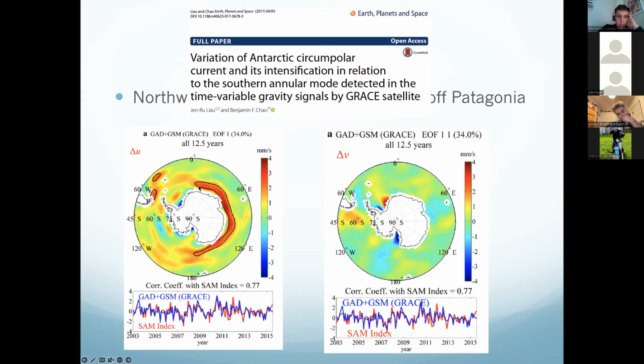And what that produces is a much stronger and more poleward Antarctic circumpolar current in eastern Antarctica, which breaks down over the Pacific Ocean into a gyre circulation, where you have poleward flow over here next to that feature, which I can't remember the name of, and then an equatorward flow just upstream of the Drake Passage.